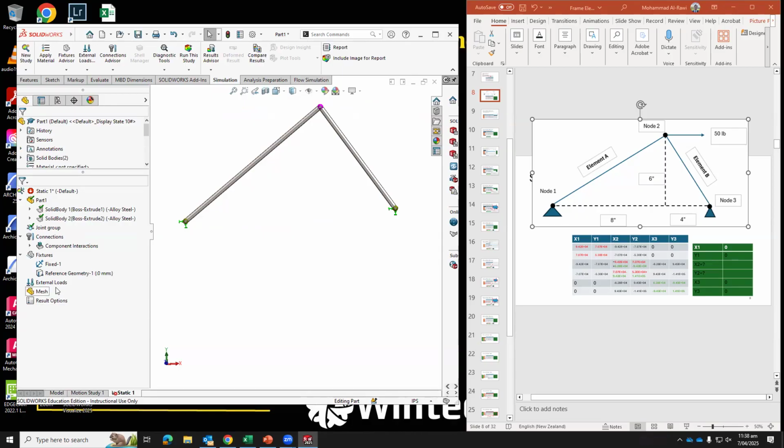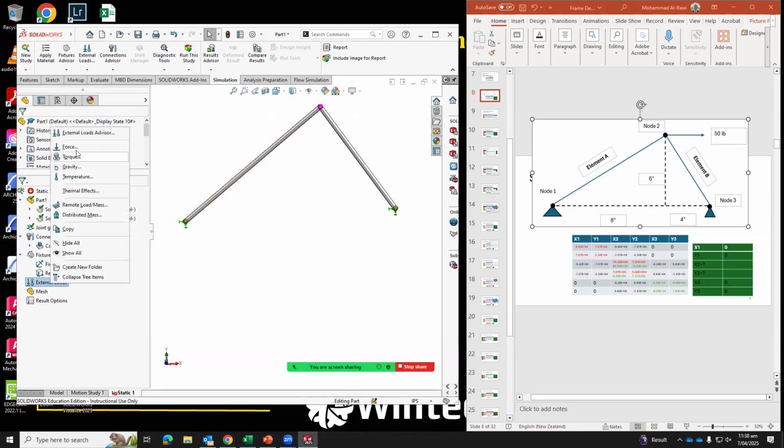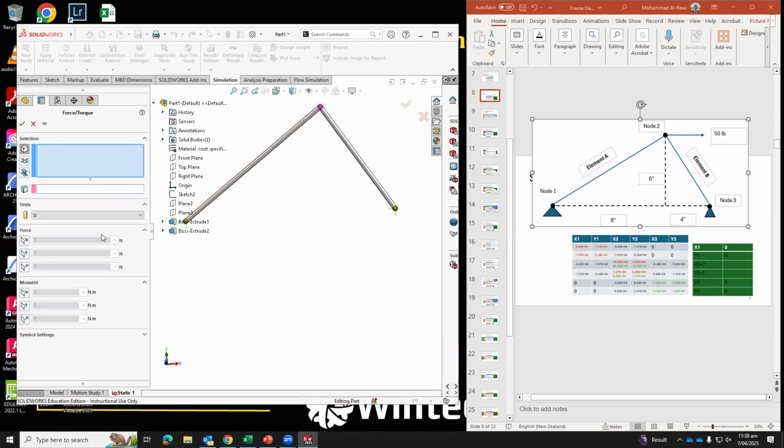Now we need to apply external force, the 50 pounds, as you can see there. So right click, force. The force will be applied on the joint. Make sure to select joint, activate joint, and then select that joint 5-1.